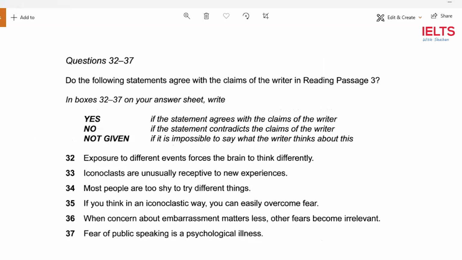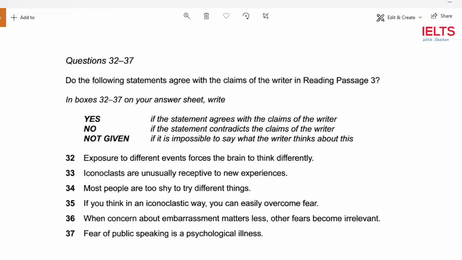After that, we have other questions which are yes, no, not given, and the same techniques of the true, false, not given, we can use them with the yes, no, not given. But the yes, no, they are concerned with the opinion of the writer. So not only the facts like the true, false, not given, but we are dealing here with opinions.